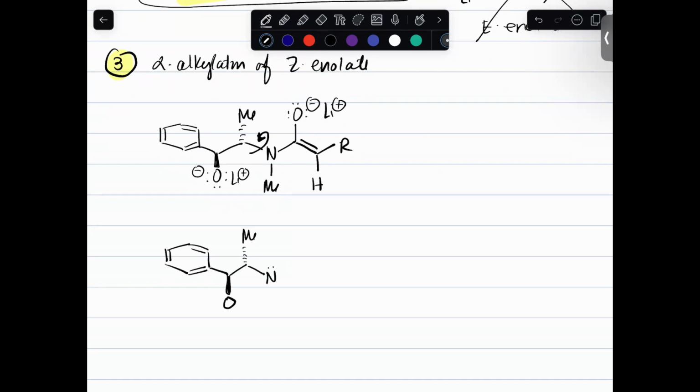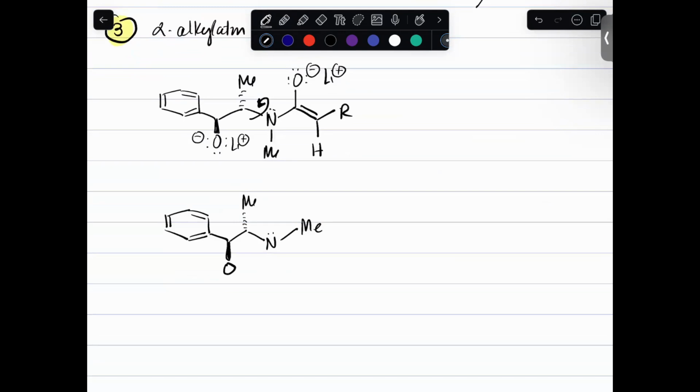The first thing that I'll do is draw the methyl group where the enolate was once before, and then I'll go ahead and draw the enolate down at the bottom.